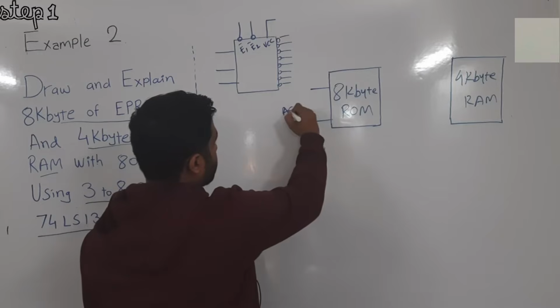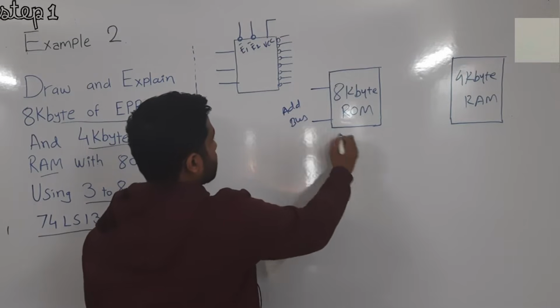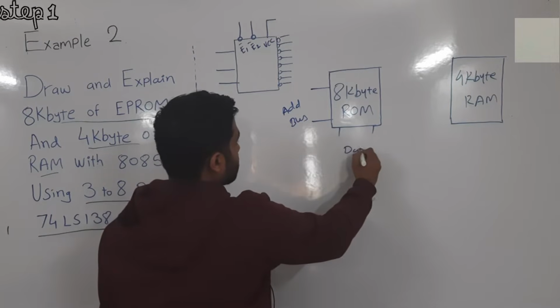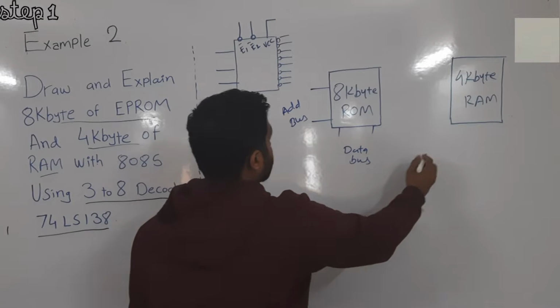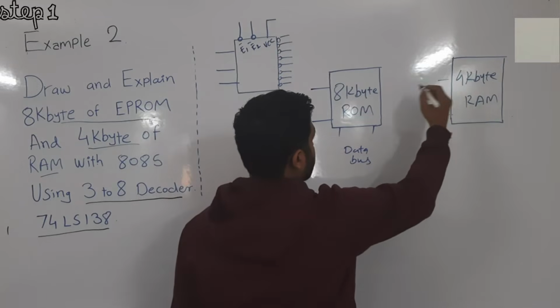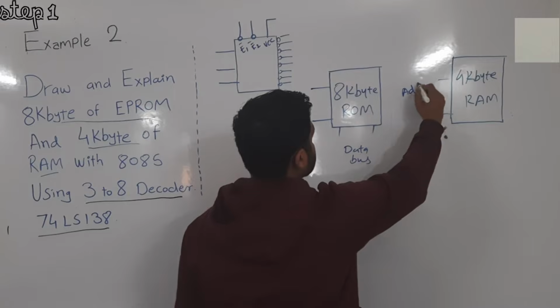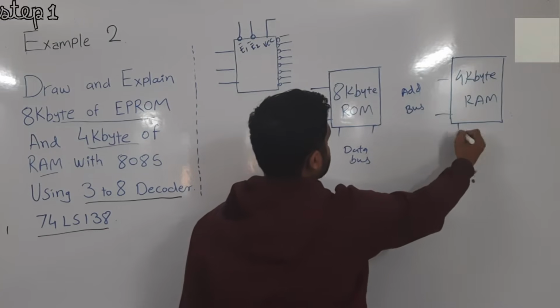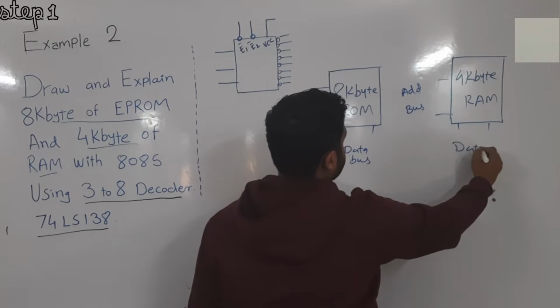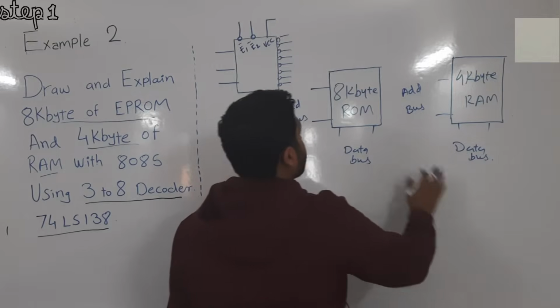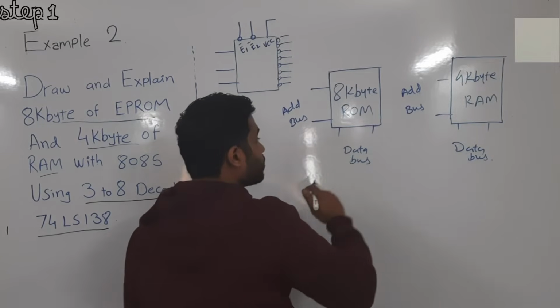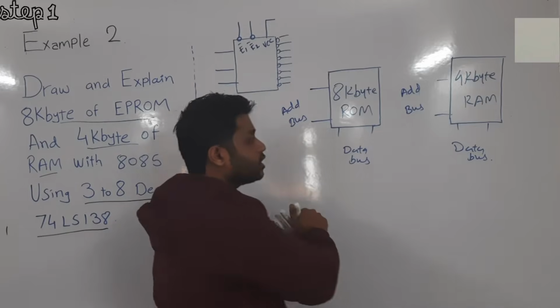This memory will have a data bus. Again, this 4k byte of RAM will have an address bus and a data bus, and both memories will have control signals and chip select.